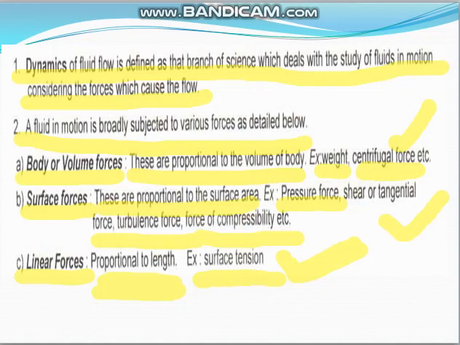Coming to the volume forces, volume forces are proportional to three dimensional axes like x, y, and z. These are proportional to the volume of the body. Example you can say centrifugal force or weight force. Okay, so these are the different types of forces which are acting on a fluid flow motion.